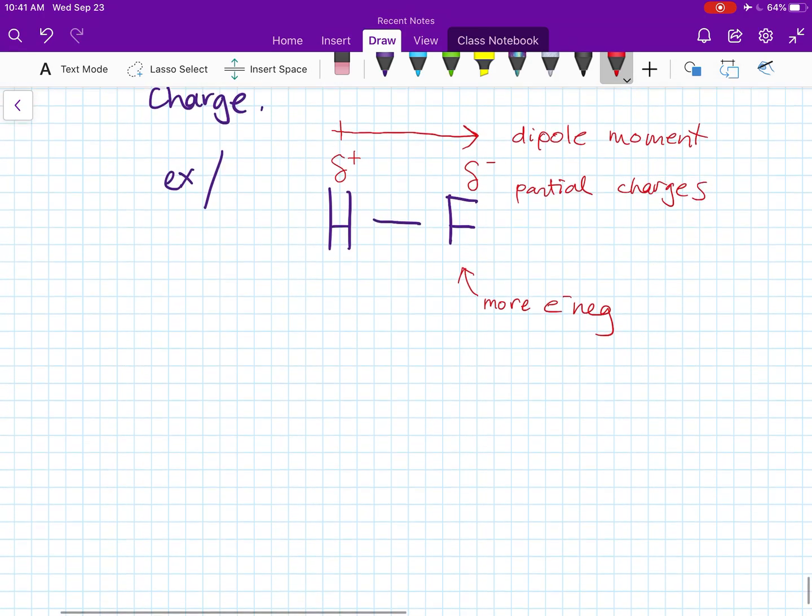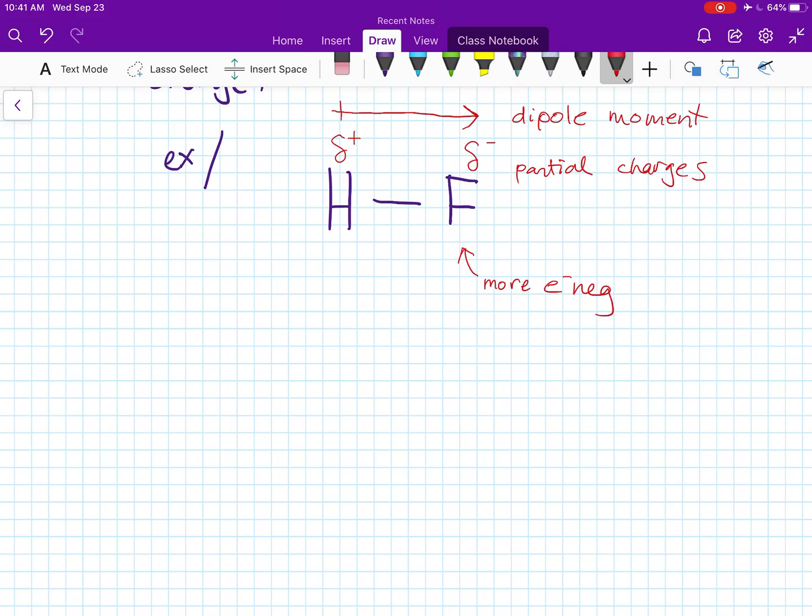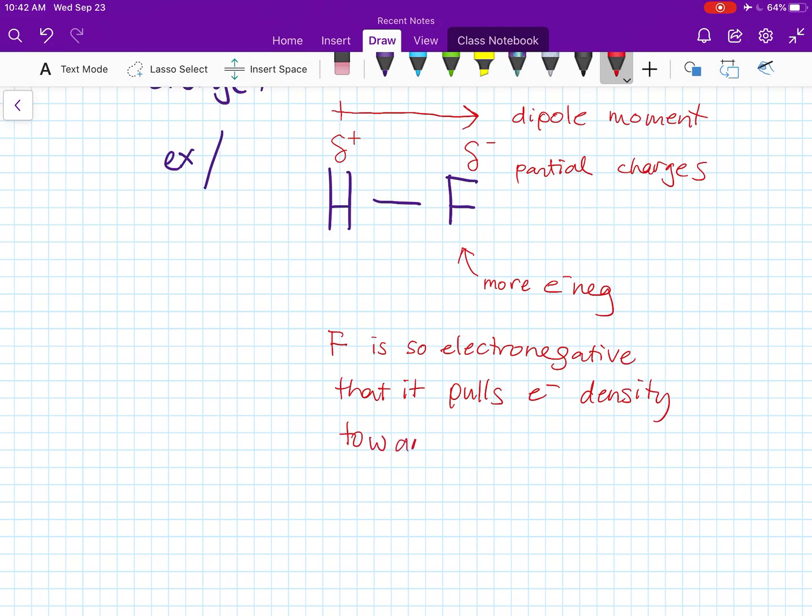Now, what's happening here in the bond is that fluorine is so electronegative, so greedy and hungry for the electrons in that shared bond, that it pulls the electron density in the bond towards itself. So you get an unequal charge distribution. You can draw a cartoon of that.